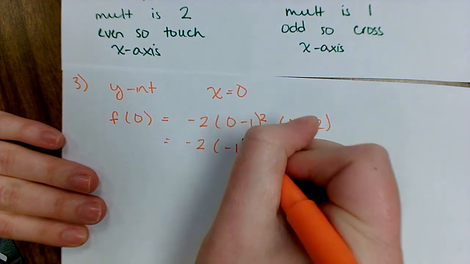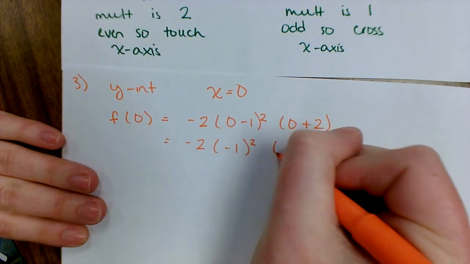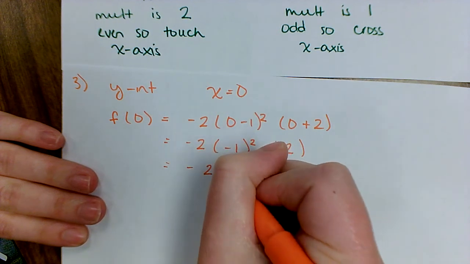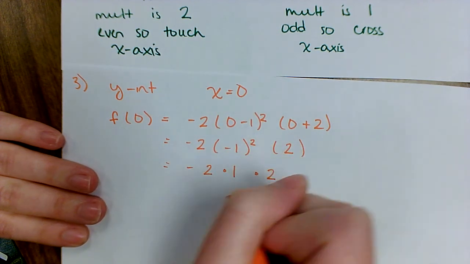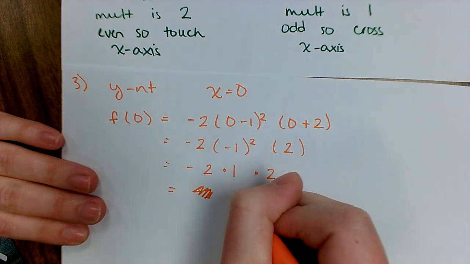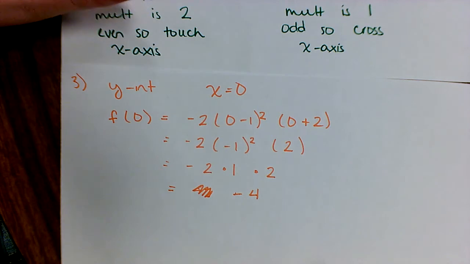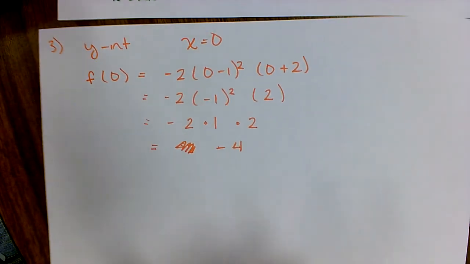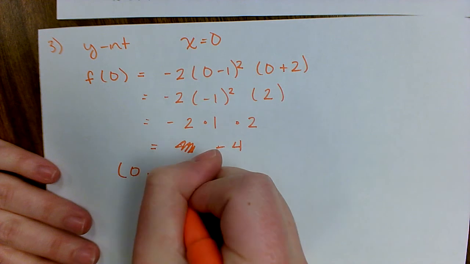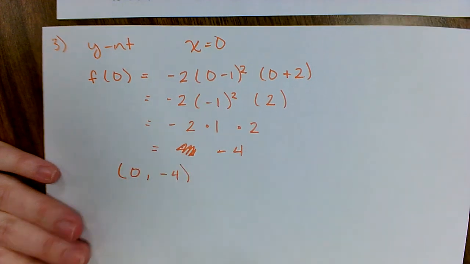So that's negative 2 times negative 1 squared times 2, which is negative 2 times 1 times 2, which equals negative 4. But remember, my y-intercept has to be in an ordered pair format, so the y-intercept is (0, -4).